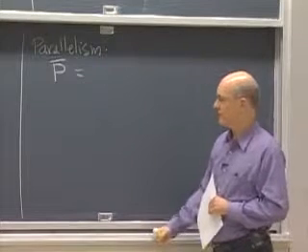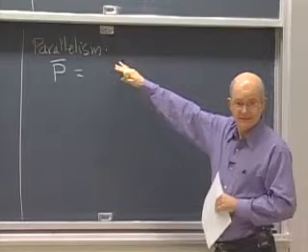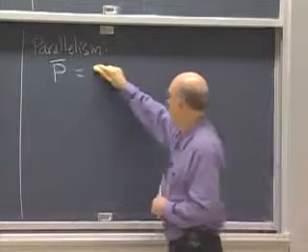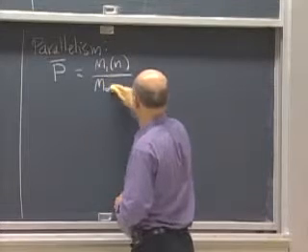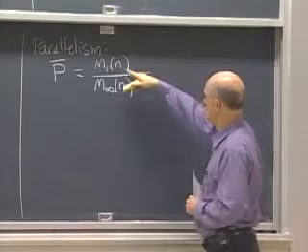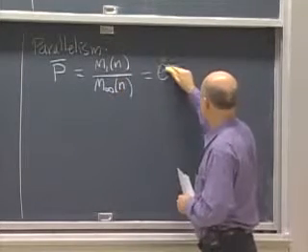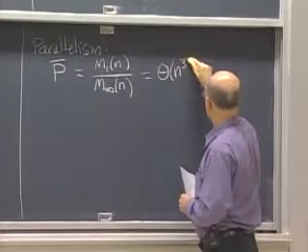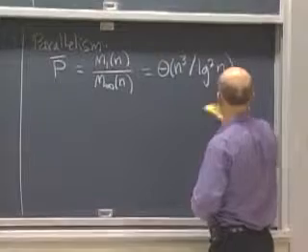What's the parallelism going to be? What's the ratio I take? Yeah, it's M1. So it's M1 of n divided by M infinity of n. Okay? And that's equal to, that's n cubed, that's n squared. Or log n squared, sorry. Log squared n.